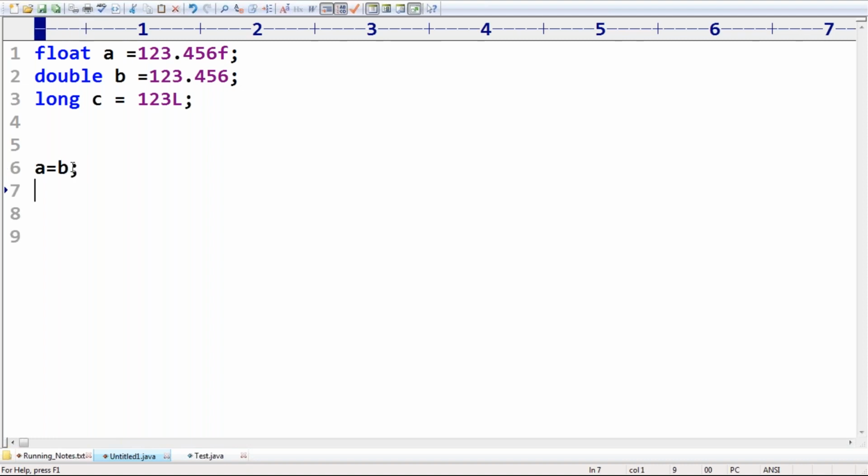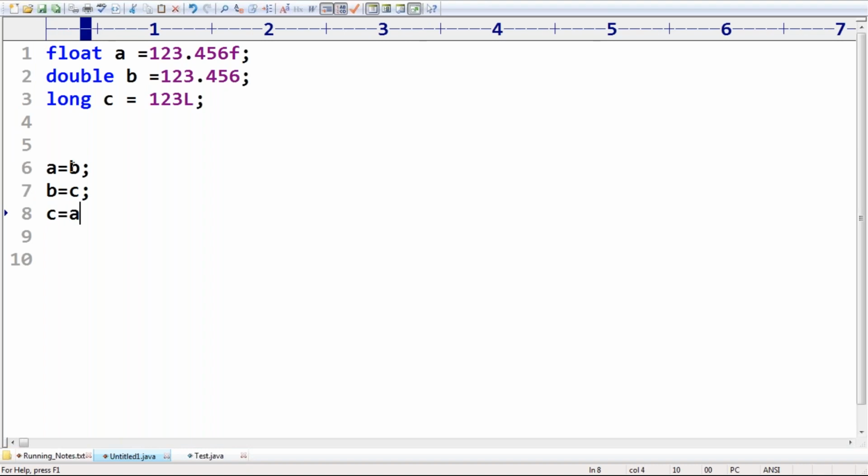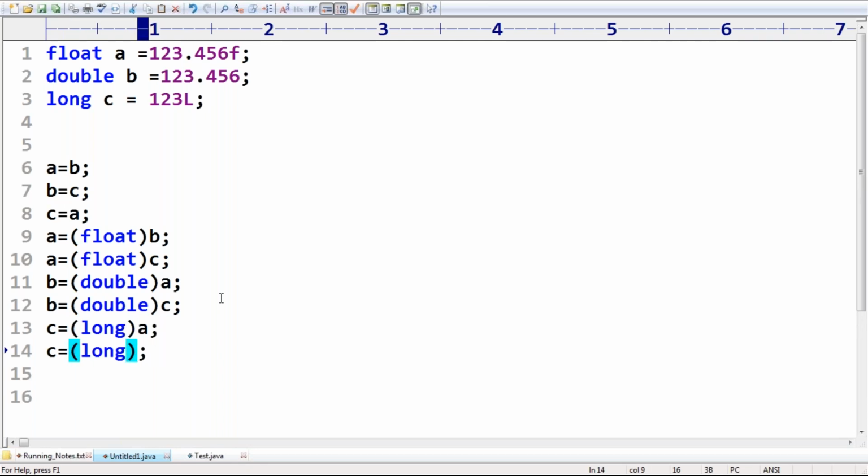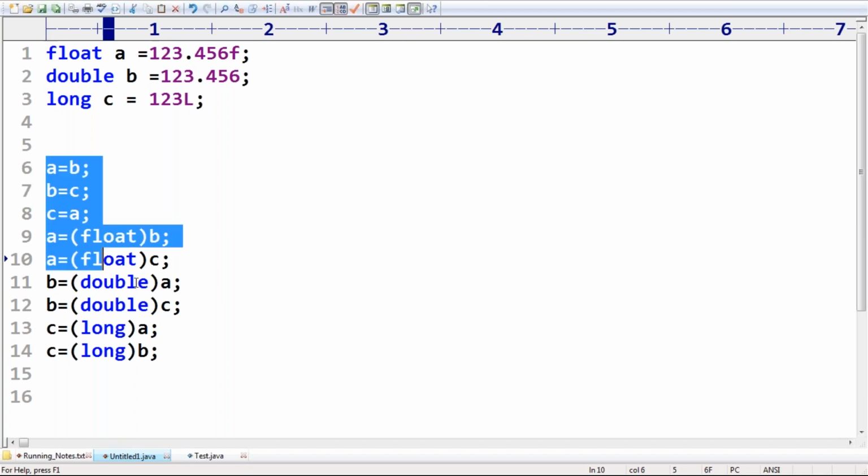A is equal to B, B is equal to C, C is equal to A. Next, A is equal to float of B, A is equal to float of C. B is equal to double of A, B is equal to double of C. C is equal to long of A, C is equal to long of B. Can you please confirm which are valid and which are invalid?